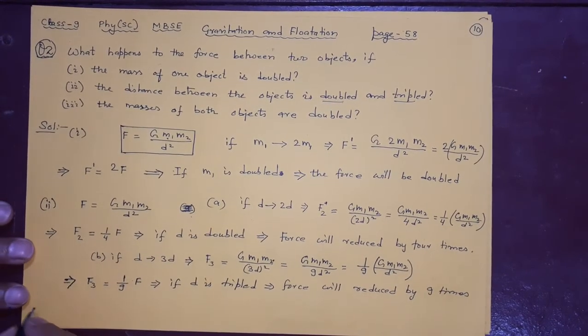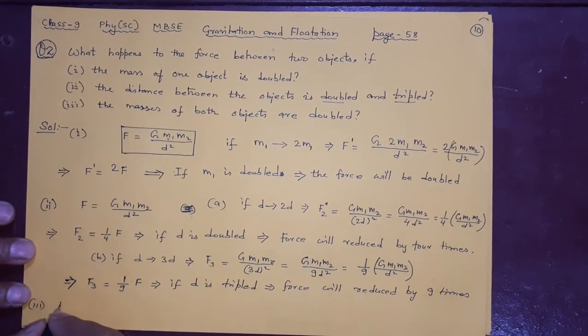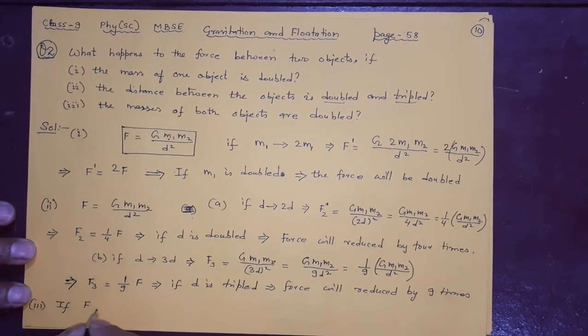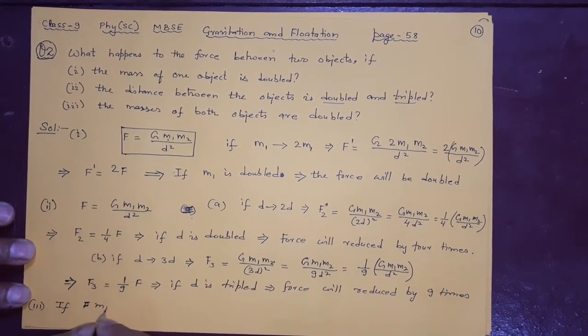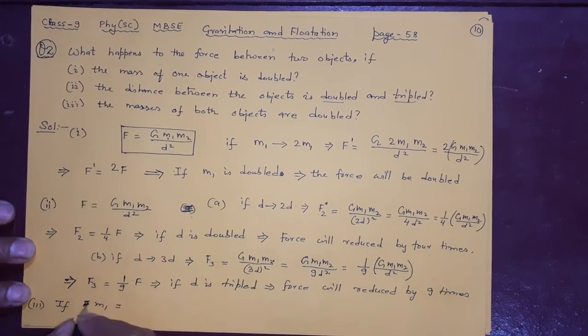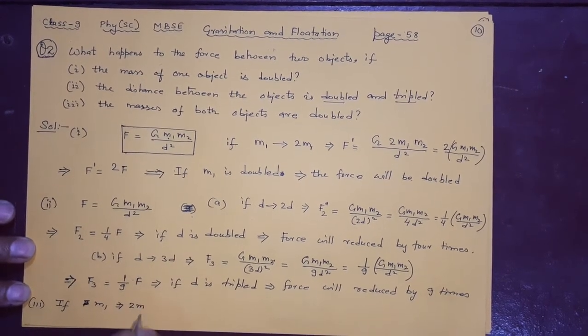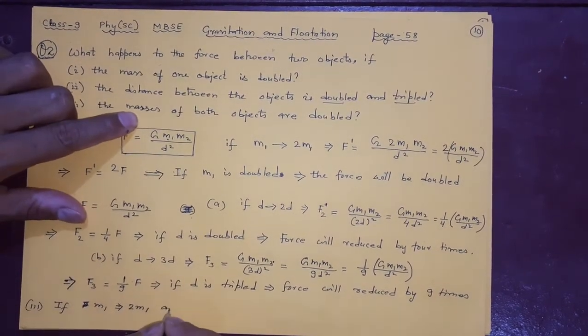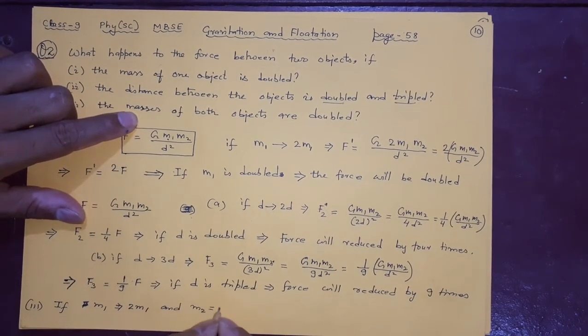What is the last one? If m1 becomes 2m1, isn't it, and m2 becomes 2m2, then what will happen?